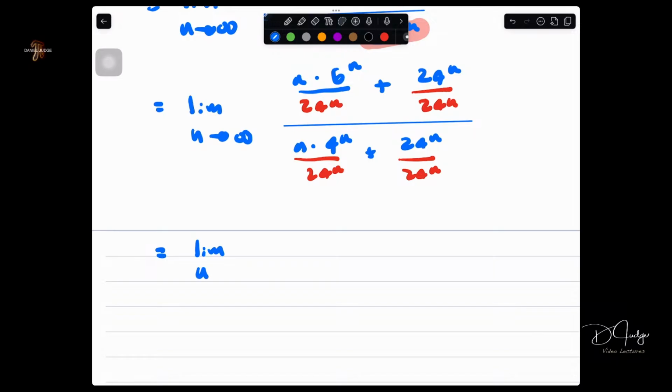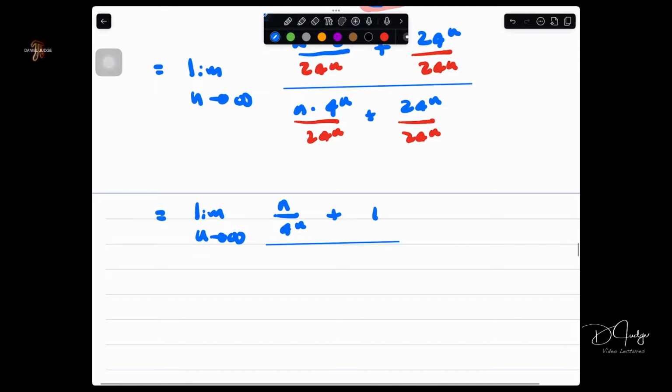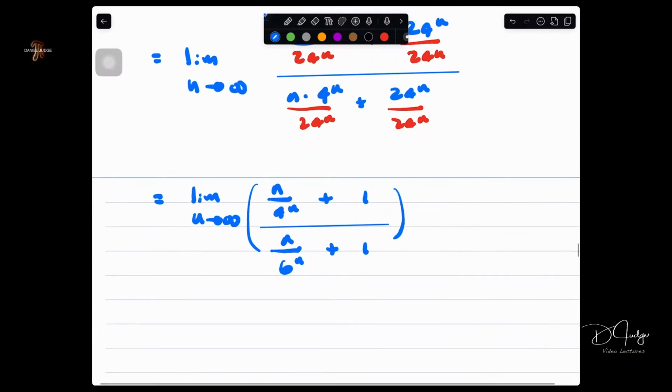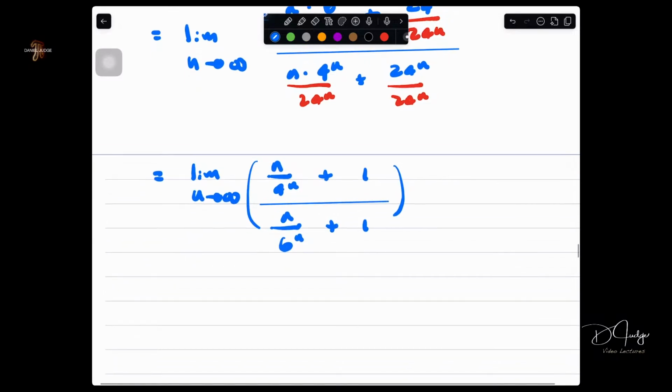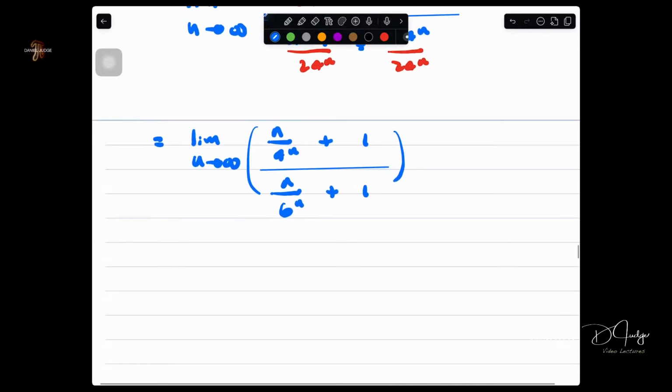The limit as n goes to infinity, we get n over 4 to the n plus 1, over n over 6 to the n plus 1. Now, by properties of limits, what you're going to end up getting is the following.